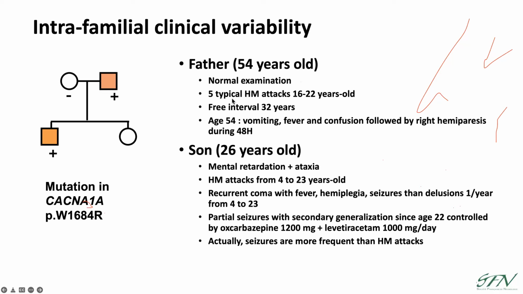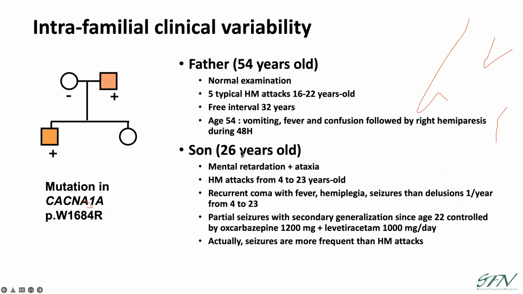He had 5 typical hemiplegic migraine attacks between 16 and 22 years of age. Then he had a free interval of 32 years. He works normally, and he forgot that he has hemiplegic migraine. But at the age of 54, he had an attack again with vomiting, fever, confusion, and right hemiparesis for 48 hours. So it was a recurrence of hemiplegic migraine after a long free interval.